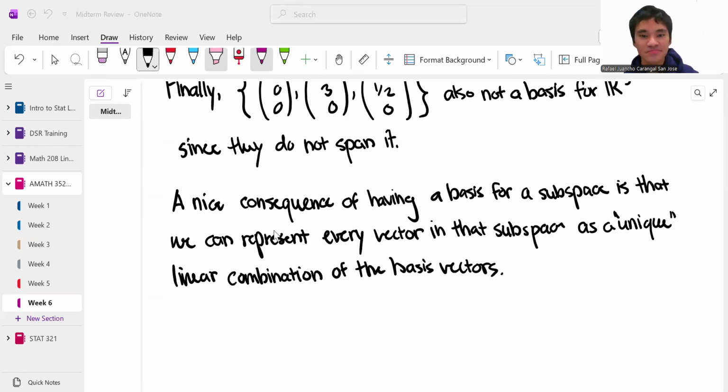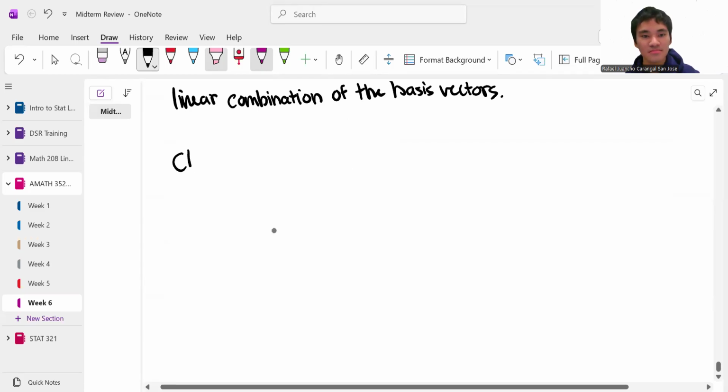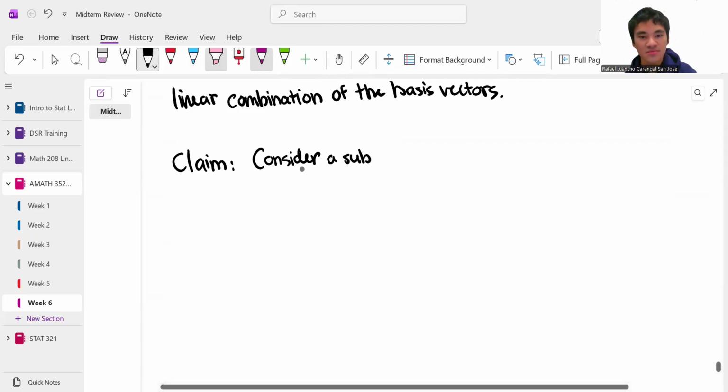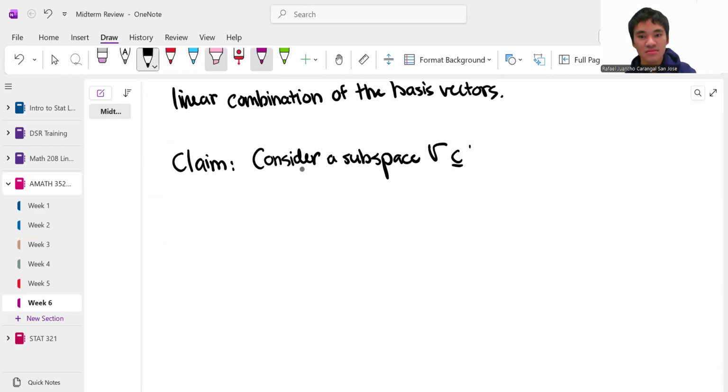Here's my claim. Say we have a subspace V in D dimensions. So this is a very general statement. And a set of vectors.